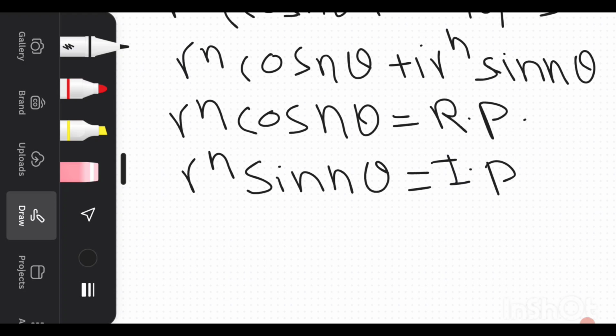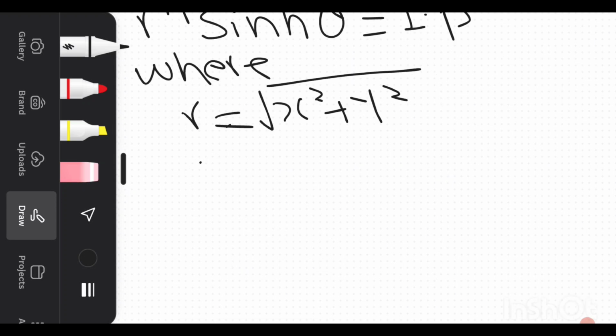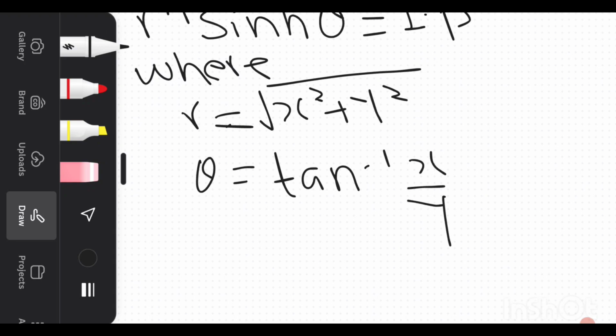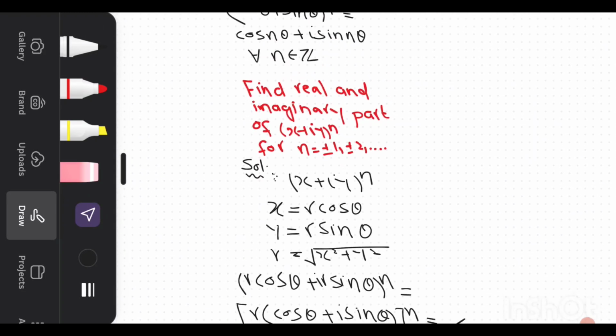So it's simple, where r is equal to the square root of x square plus y square, and theta is equal to tan inverse of y over x. So in this way we can solve such kinds of questions which belong to complex numbers.